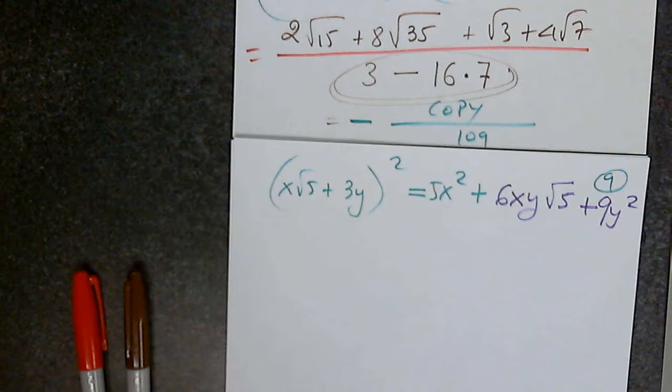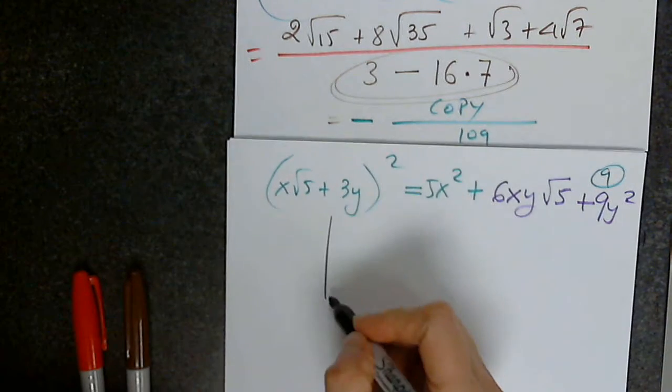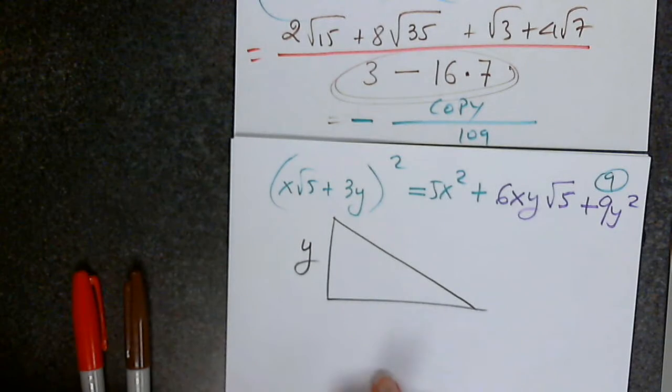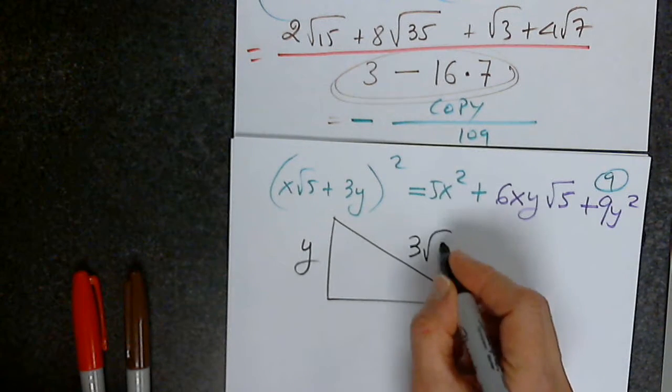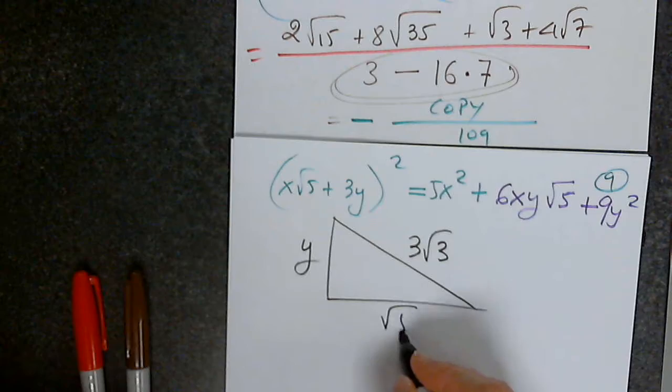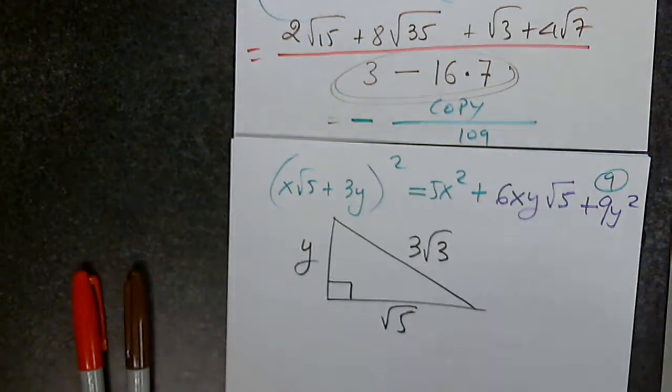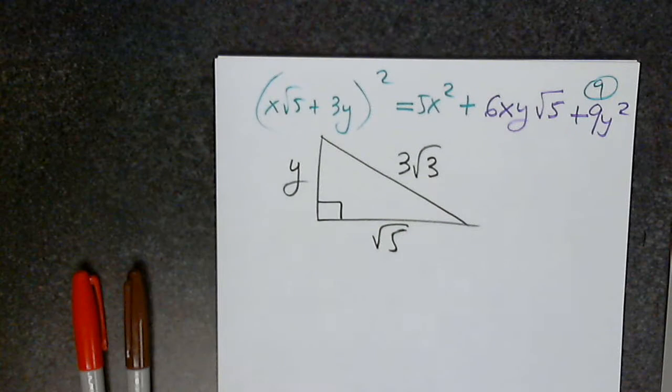Good, let's look at a right triangle. Let's say this is y, unknown. Let's say this is 3 the square root of 3, and let's say this is the square root of 5. And this is the right triangle. So I would like to determine one side, which in this case is the leg, y.